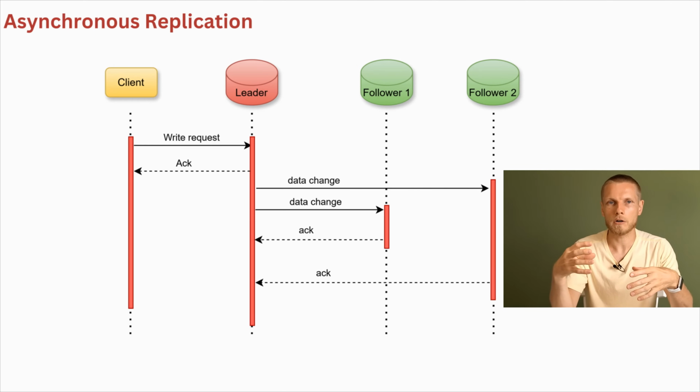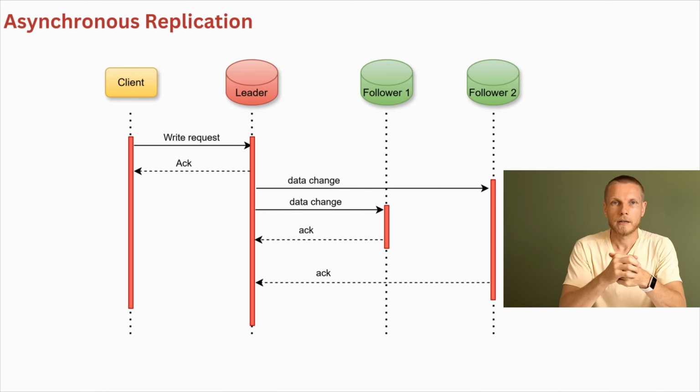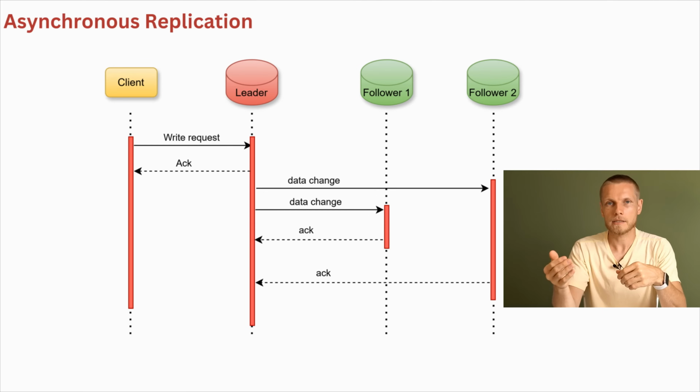It will depend only on local processing on the leader. And it will also increase availability because if any number of followers fail, the leader would still be able to process requests. The trade-offs here are consistency and durability.